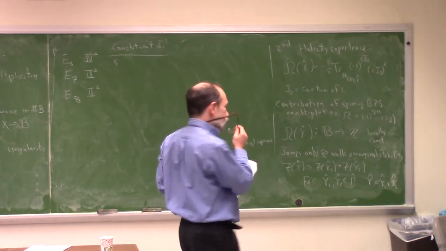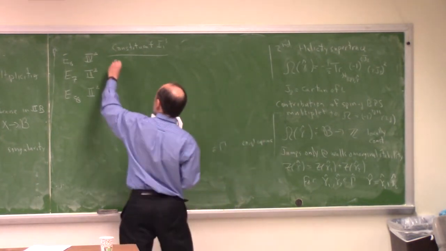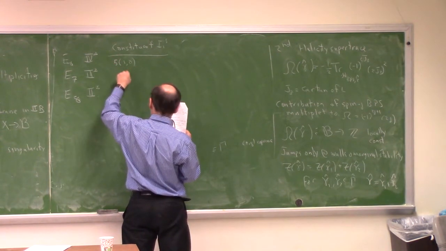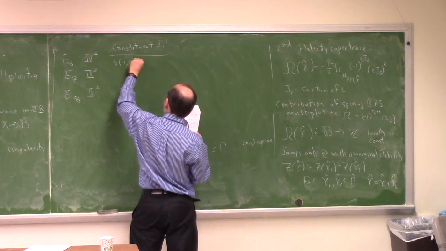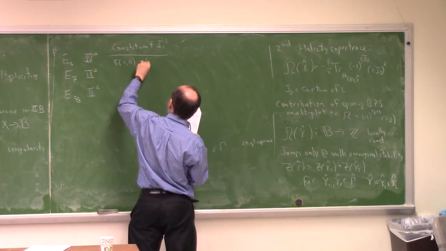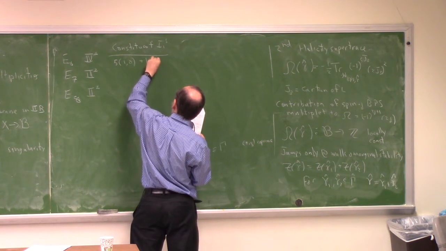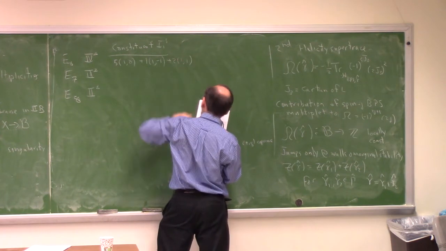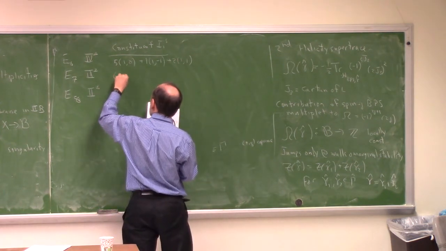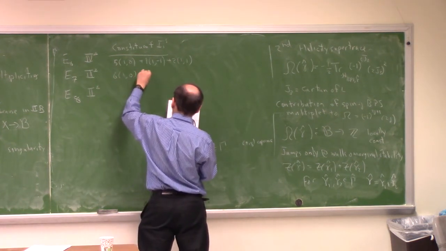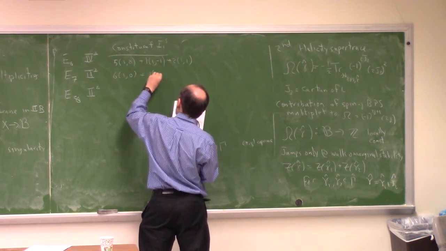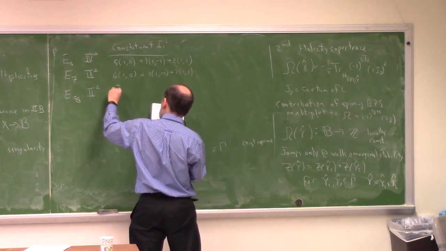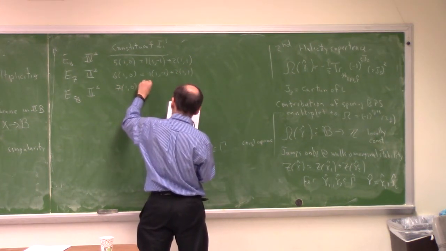So the collection of PQs is as follows. There are 5 D7s, and then 1 7 brane of type 1 minus 1, and 2 7 branes of type 1 1. Here you get 6 of 1 0 plus 1 of 1 minus 1 plus 2 of 1 1, and here you get 7 of 1 0 plus 1 of 1 1.